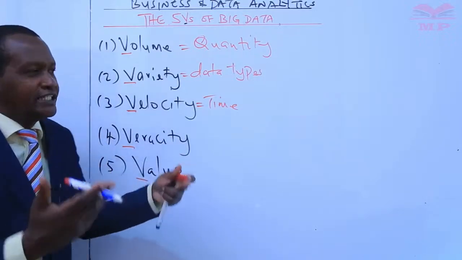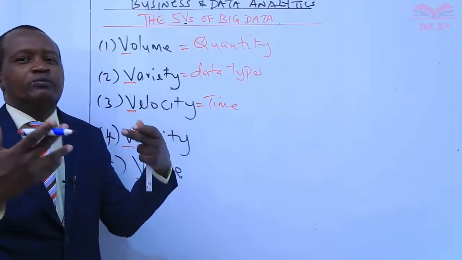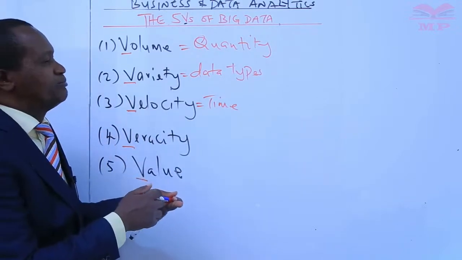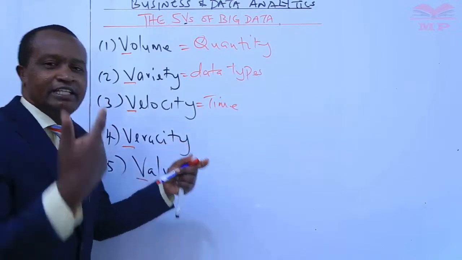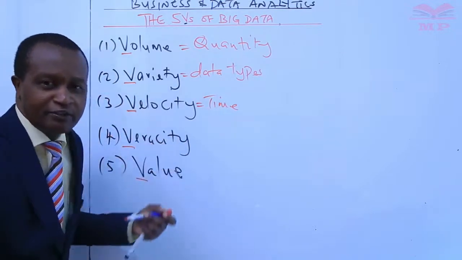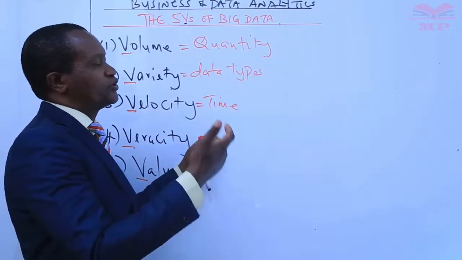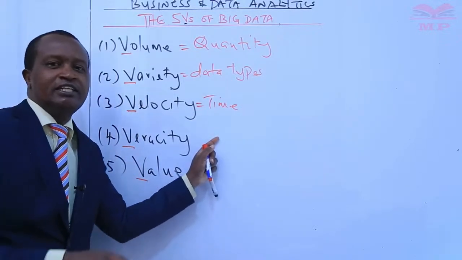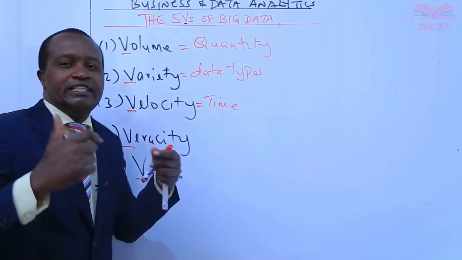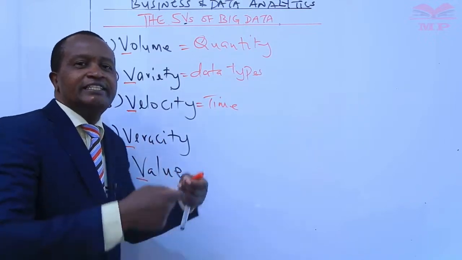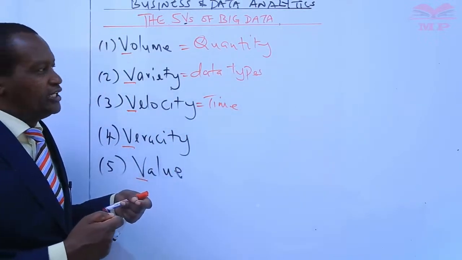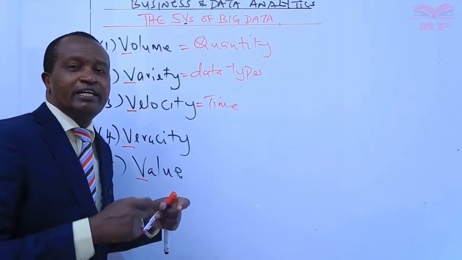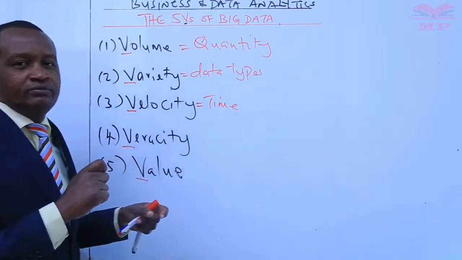Data could flow from sources such as machines, networks, and smartphones. Data can also flow from sources such as social media. And such data needs to be digested and analyzed quickly. At times, such data ought to be analyzed in real time.